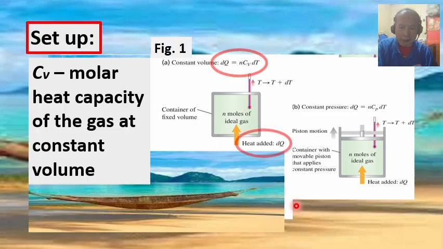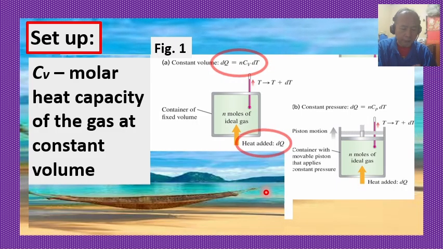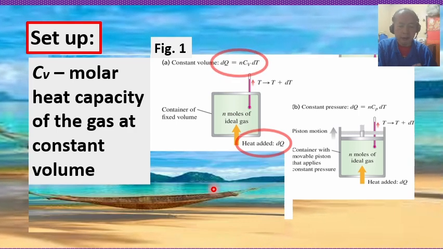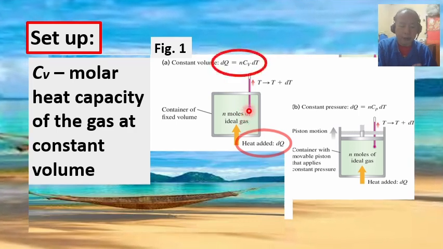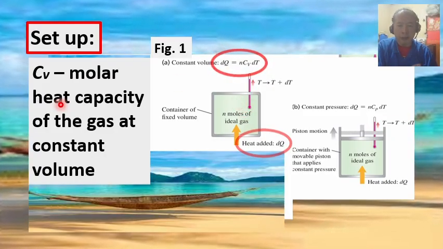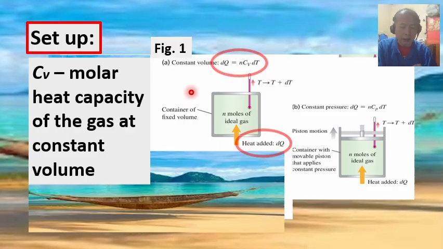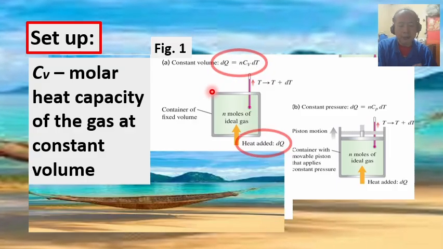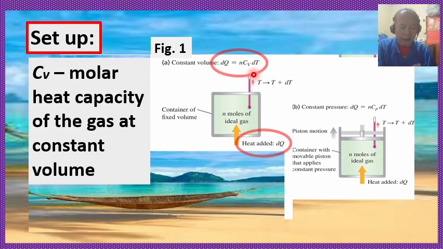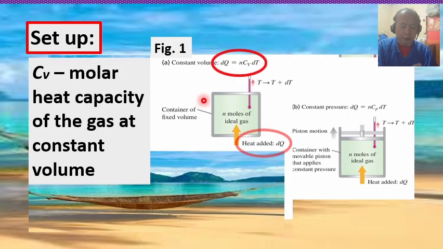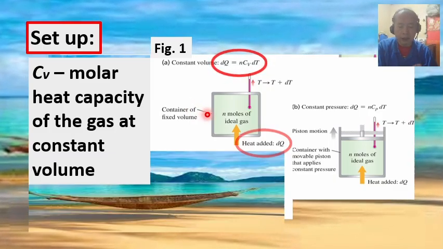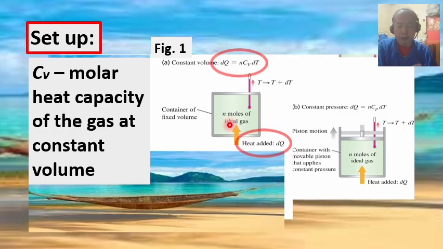It is equal to the product of small n, the value of the molar heat capacity at constant volume, and the infinitesimal change in temperature, dT, keeping the volume constant, which is a process known as an isochoric thermodynamic process.